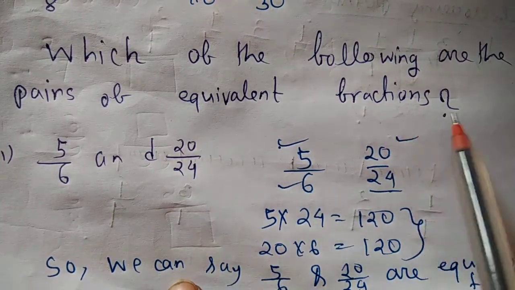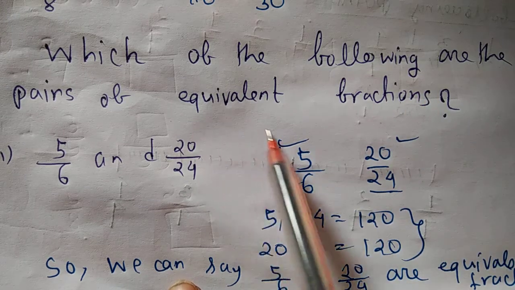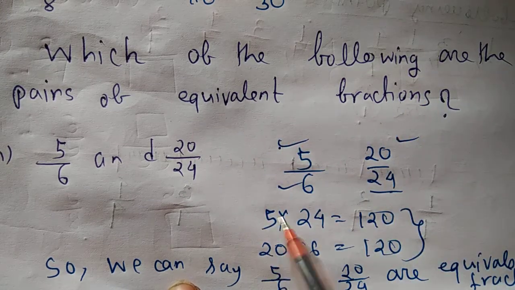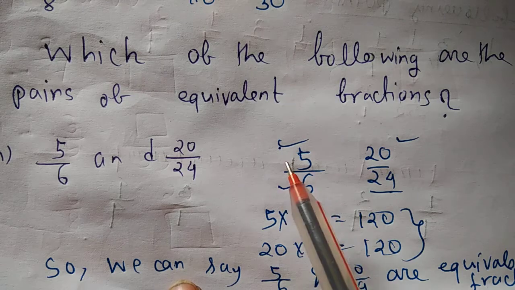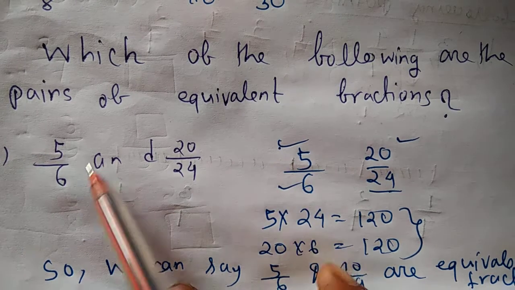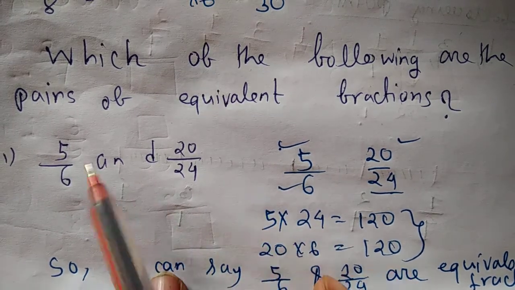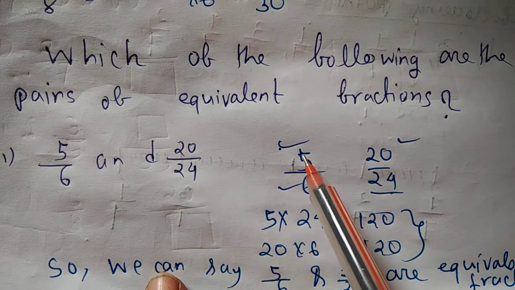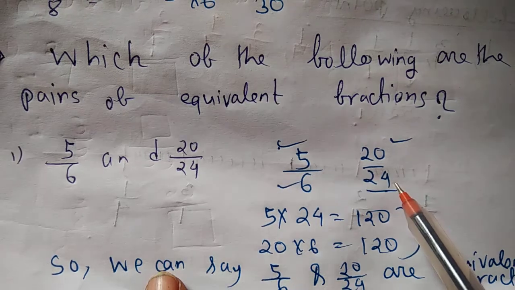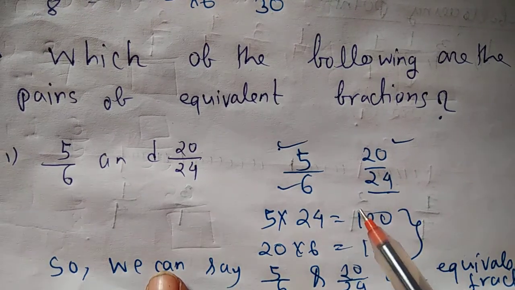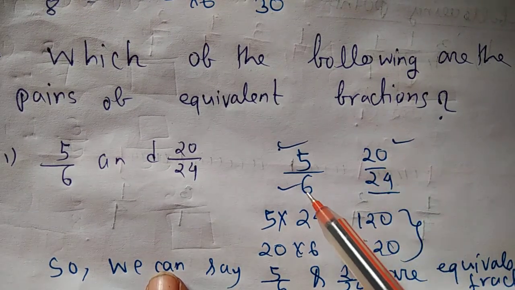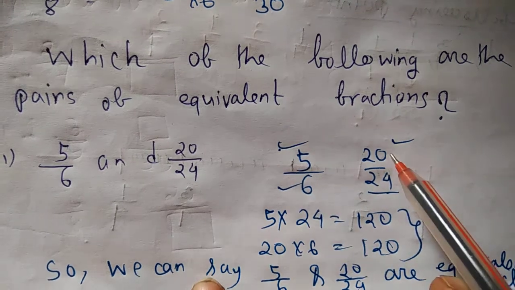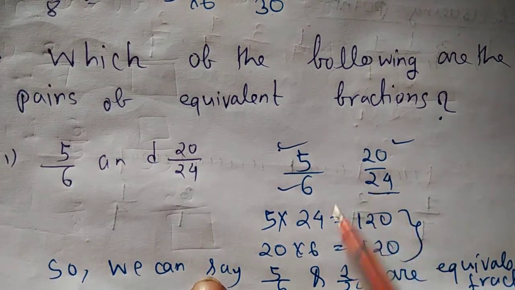Which of the following are the pairs of equivalent fractions? So how to verify equivalent fractions? If two fractions are equivalent, then the product of one's numerator and the other's denominator is equal to the product of the denominator of the fraction and other's numerator of the fraction.